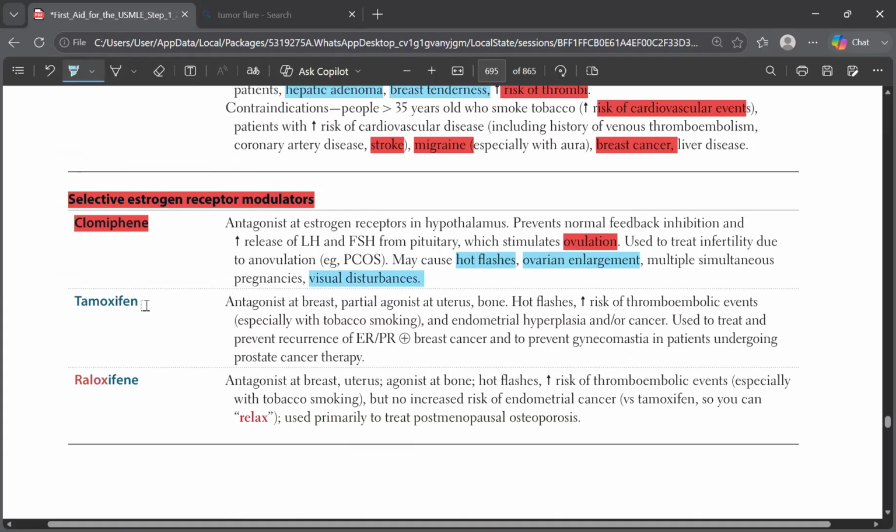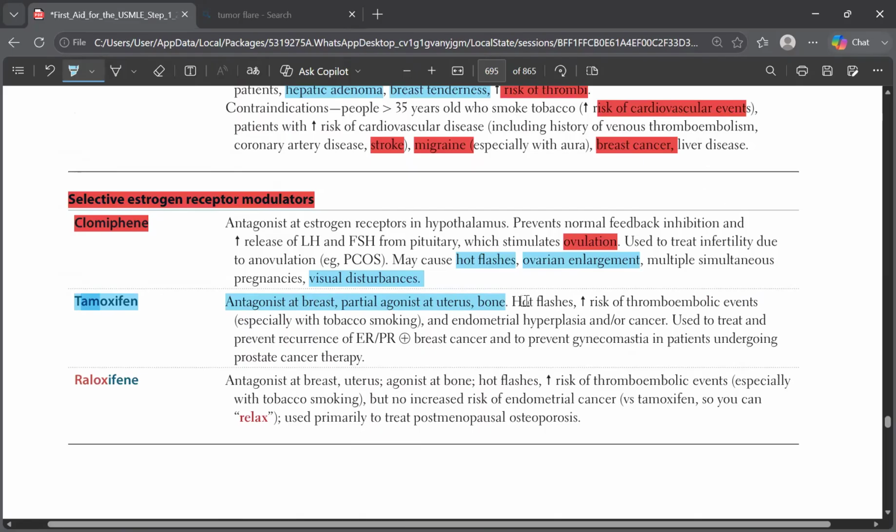The next is tamoxifen, which is also very important. It is an antagonist at breast, partial agonist at uterus and bone. We have studied this one in, I think, the hematology and oncology module as well, that tamoxifen is a selective agonist, and it is an agonist at uterus and bone, and it is an antagonist at breast.